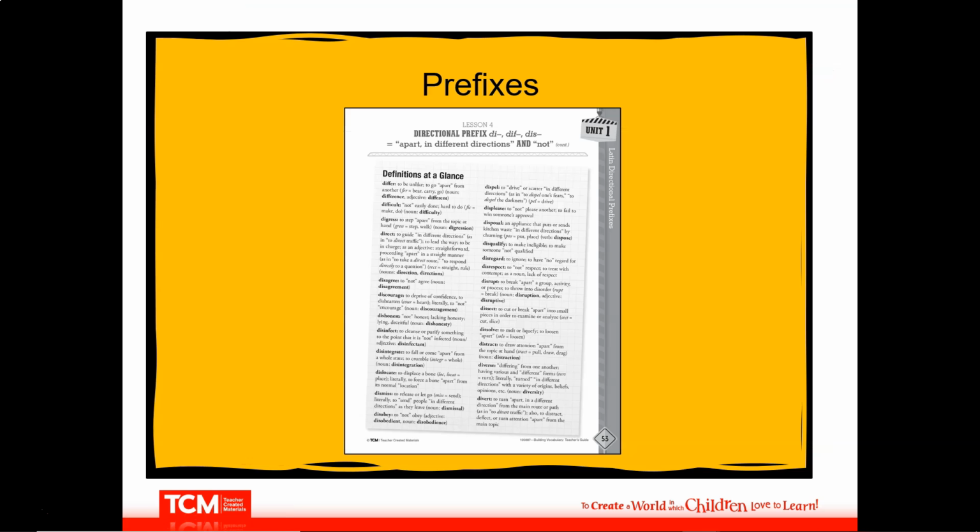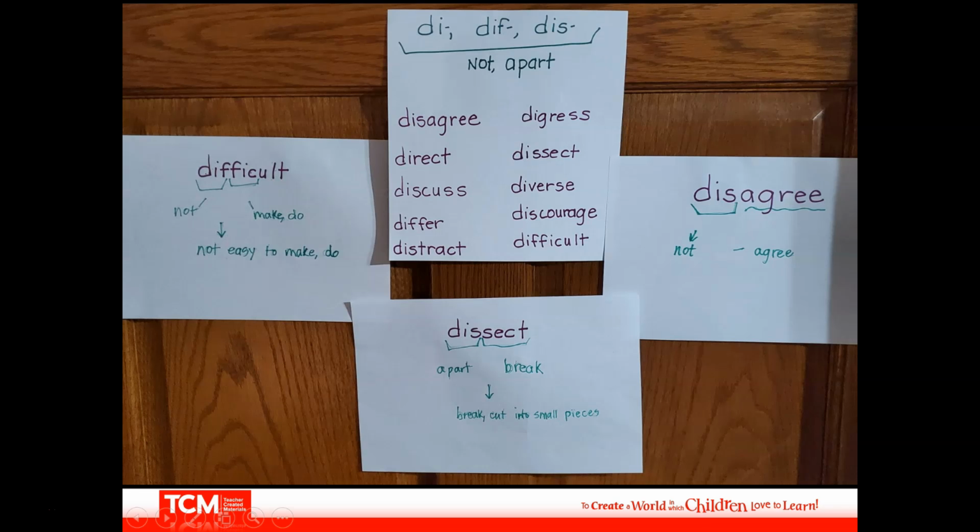Just as you used the semantic feature analysis for basic comprehension of content and specific vocabulary words that you've chosen, we can also use that for word parts. In this case, we're going to use prefixes with a semantic feature analysis. These are just some very easy to do homemade anchor charts based on directional prefixes.